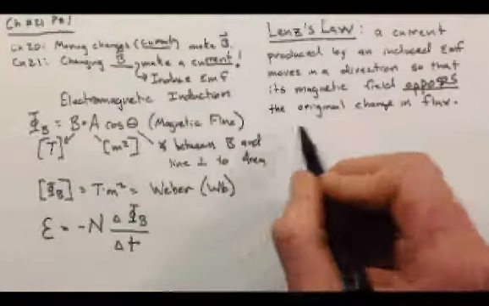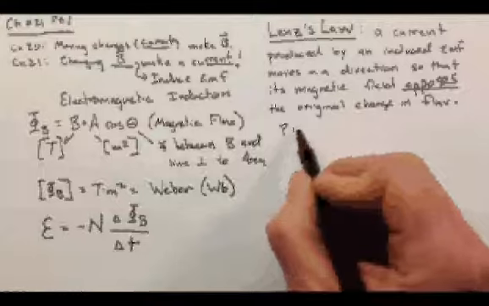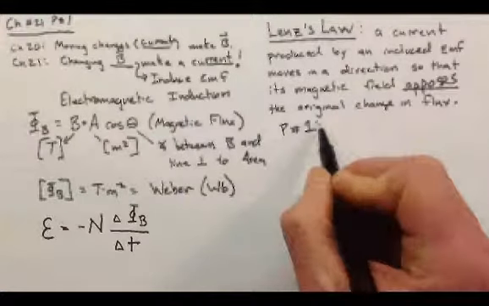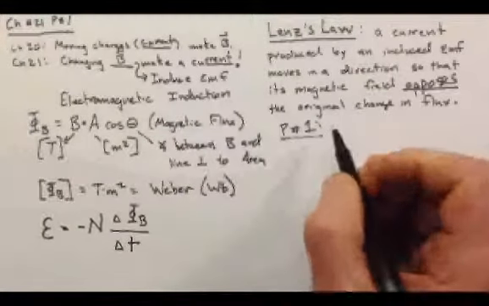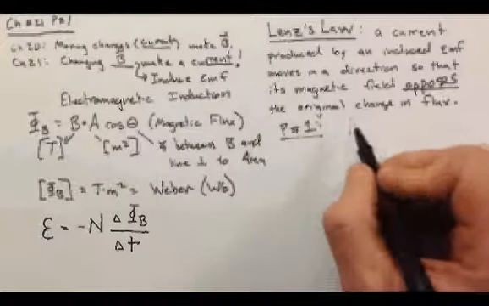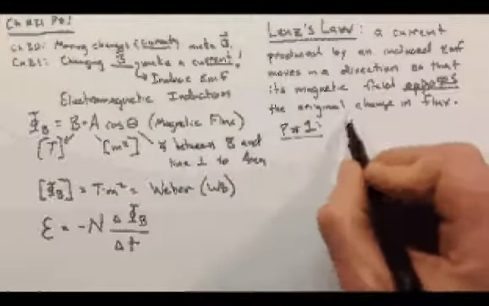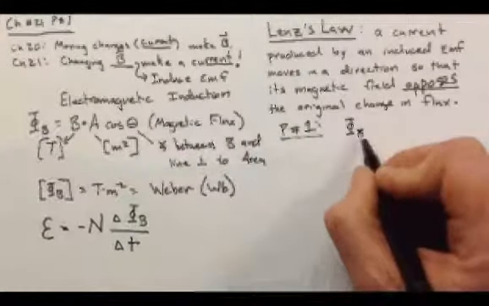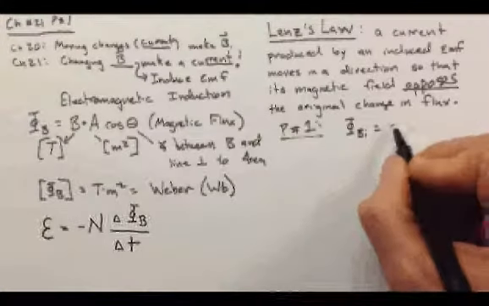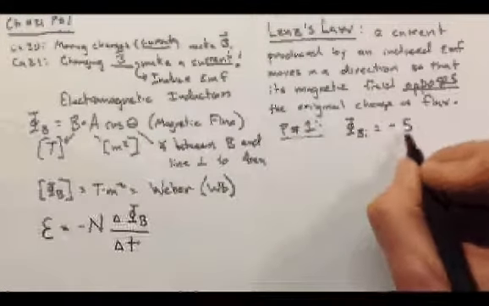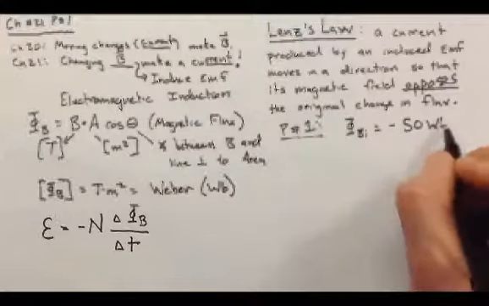Okay, that was a lot of information. Let's do problem number 1. Problem number 1 states that I start with a coil, and this coil initially has a flux of negative 50 Webers.